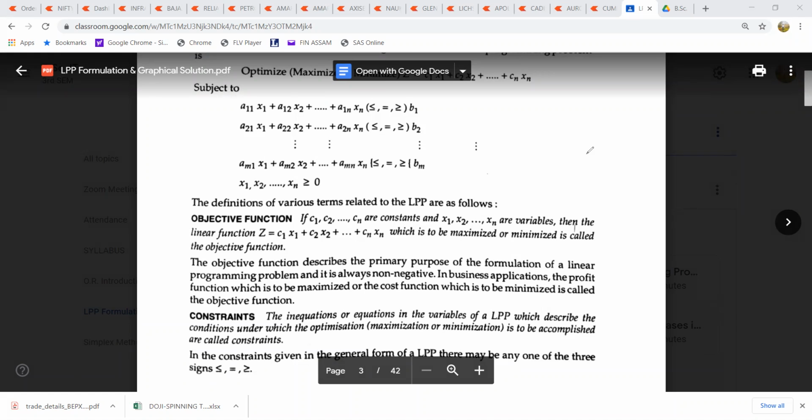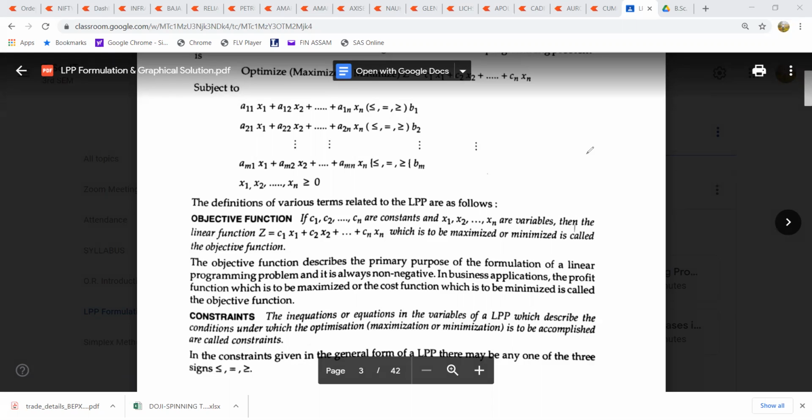Because if your problem is a transportation problem, then obviously the problem will be of what type? It is of the minimization type, is it not? If your problem is about transportation, then this transportation problem will be of what kind?